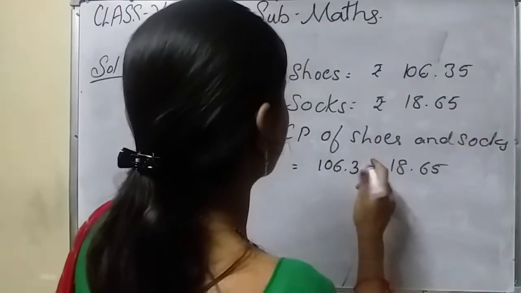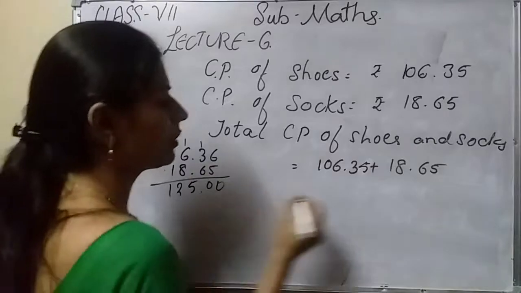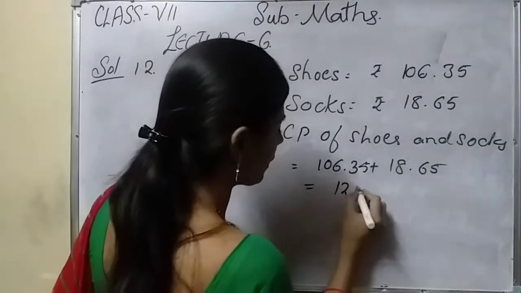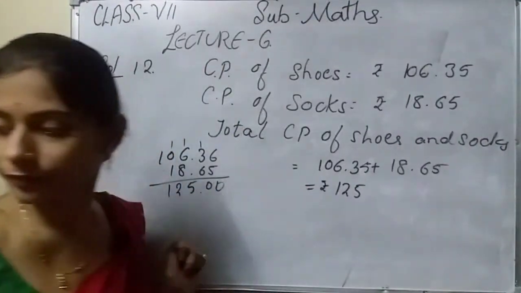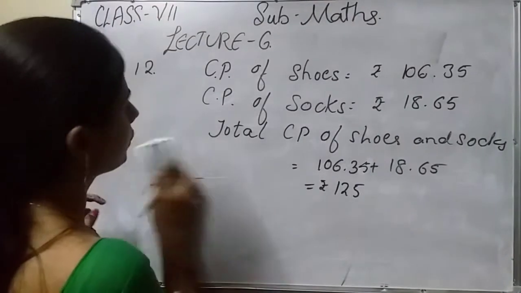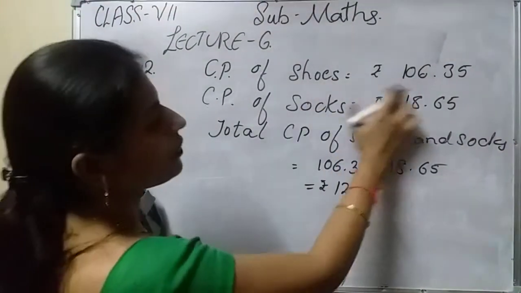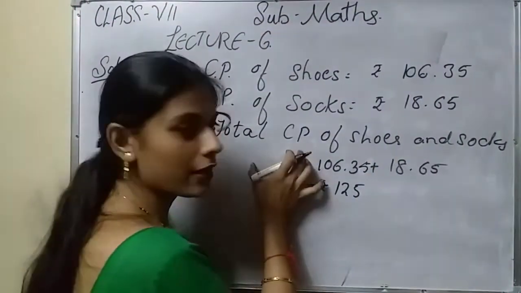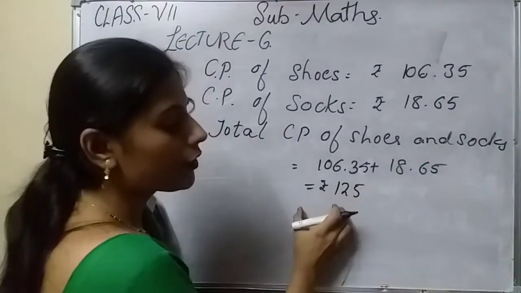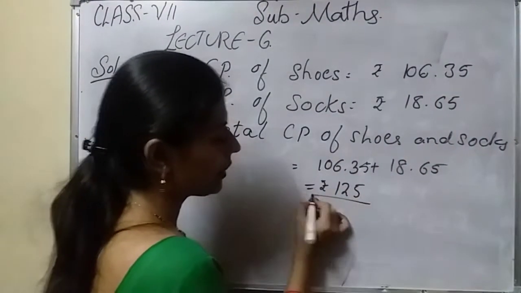Here it is 125 rupees. So cost price of shoes and socks is total 125.